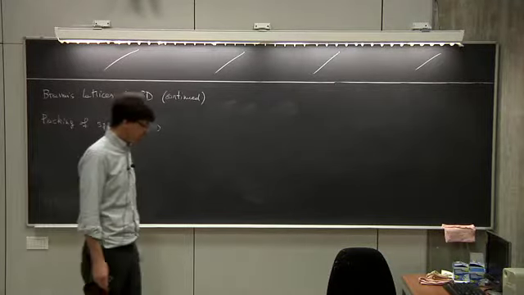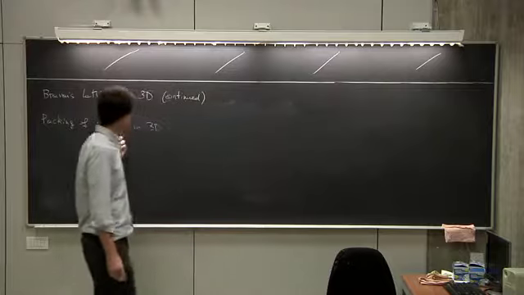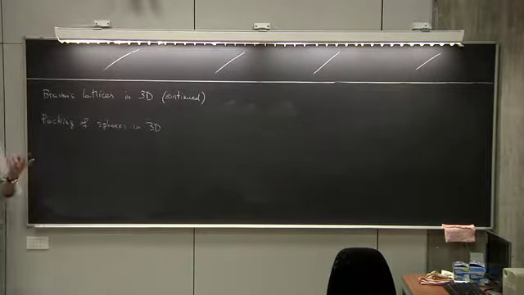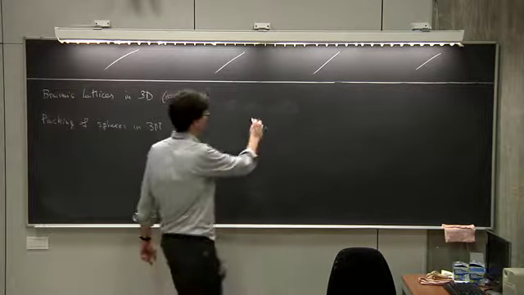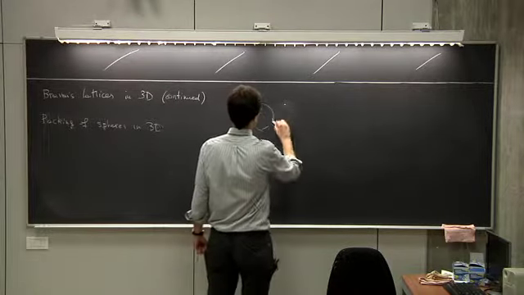All right? So we've already discussed the packing of spheres in 2 dimensions. We've already seen that in 2 dimensions, spheres like to pack in a triangular lattice. You remember this, right? We had this drawing here.